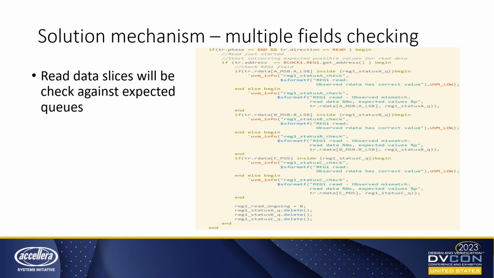Hence, we can have calculate reg1 status A, calculate reg1 status B, etc. As shown here, depending on the register field's width and position in the register, corresponding read data slices will be checked against the expected queue once the end of the read operation is reported. Flag will be cleared and all queues deleted.